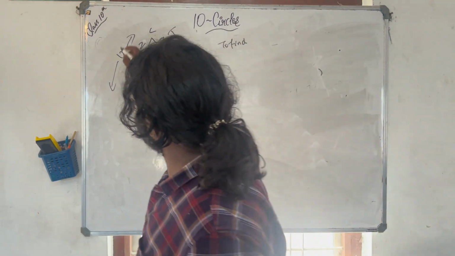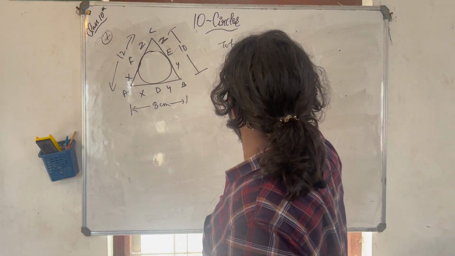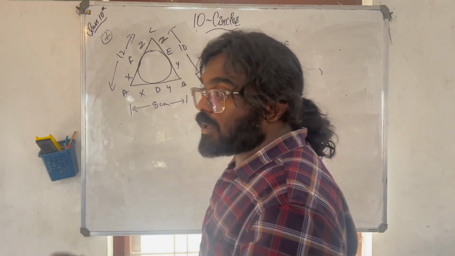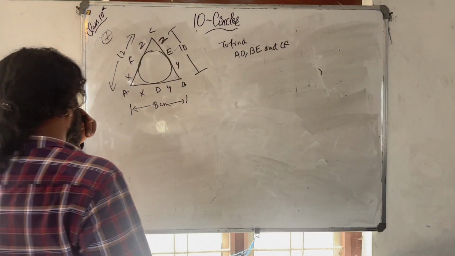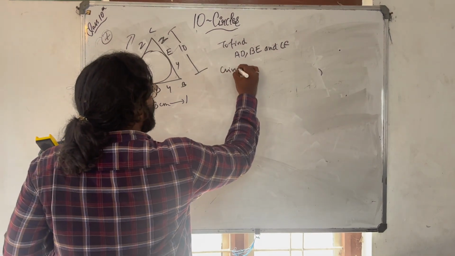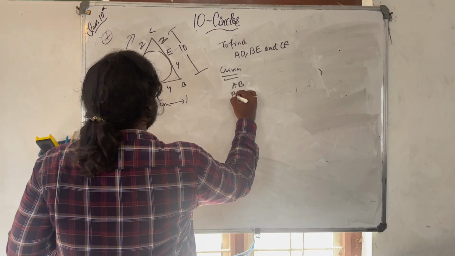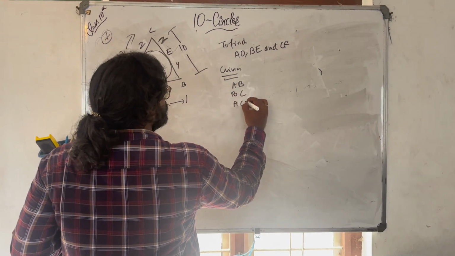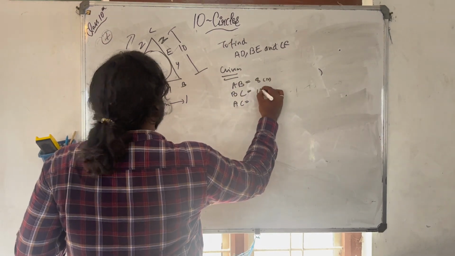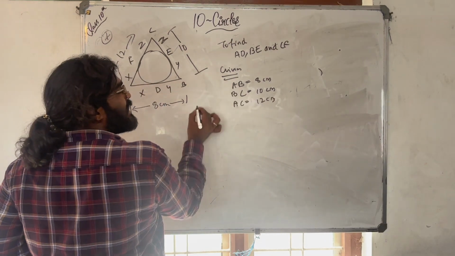Now this is the seventh question, to find AD, BE and CF. Now look at what to do in this question. We know what is given: AB, BC and AC are 8 centimeters, 10 centimeters and 12 centimeters. Now what is AB, dear students?